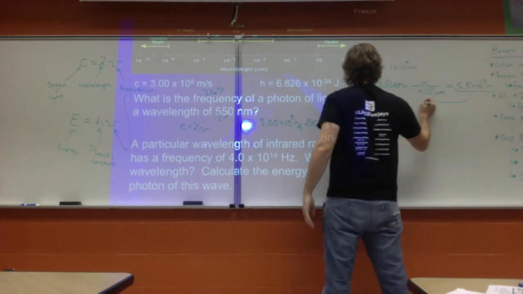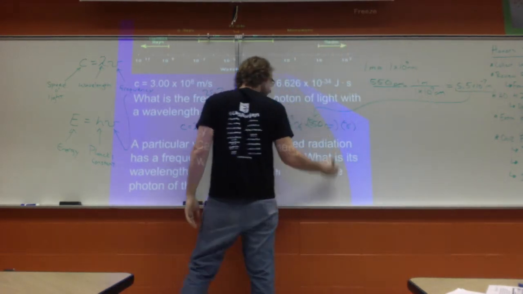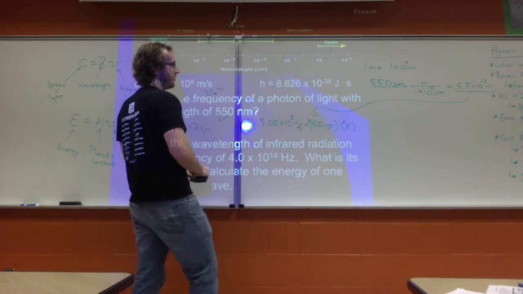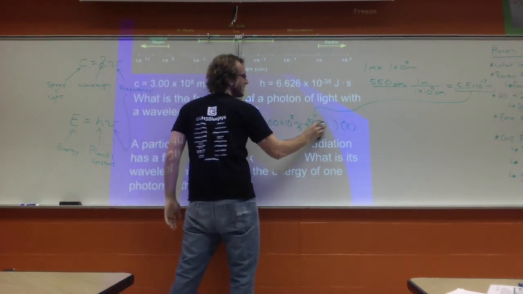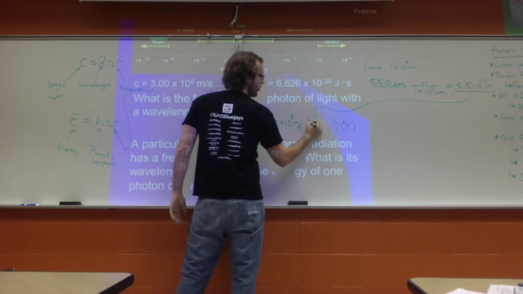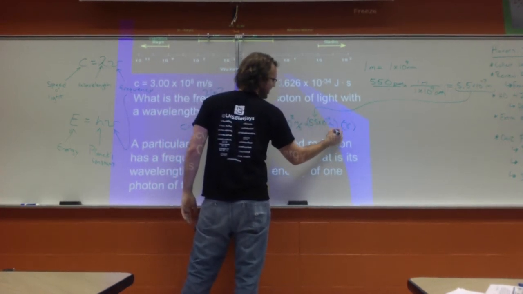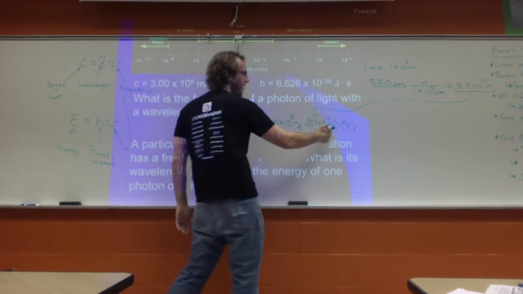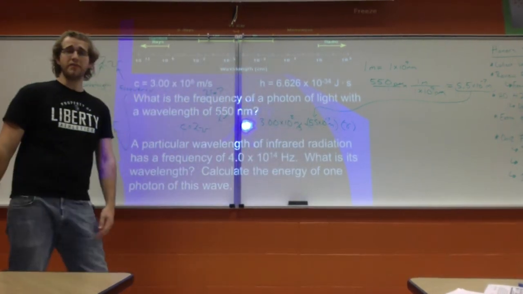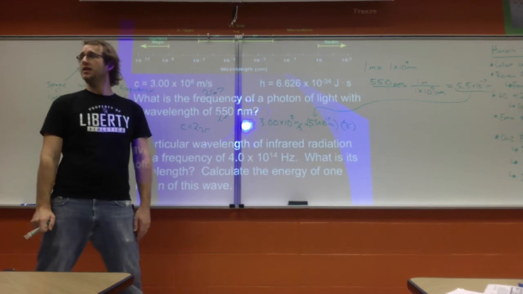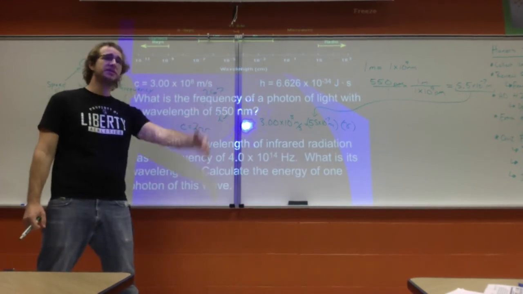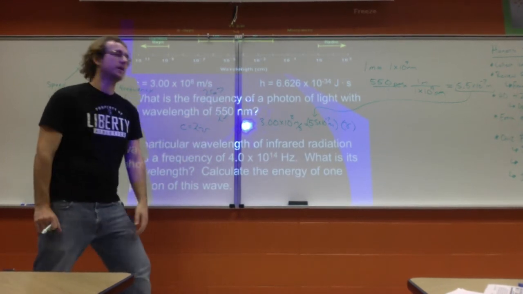This is what we're going to take and plug in the wavelength spot. We can't use nanometers. It's got to be in meters. So we put our 5.5 times 10 to the -7 meters. Meters on the left, meters on the right. Let's go ahead and solve. How are you going to solve for frequency?